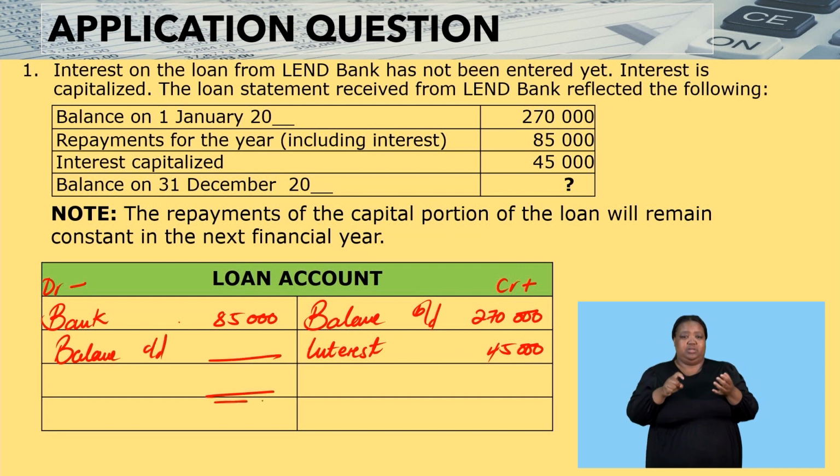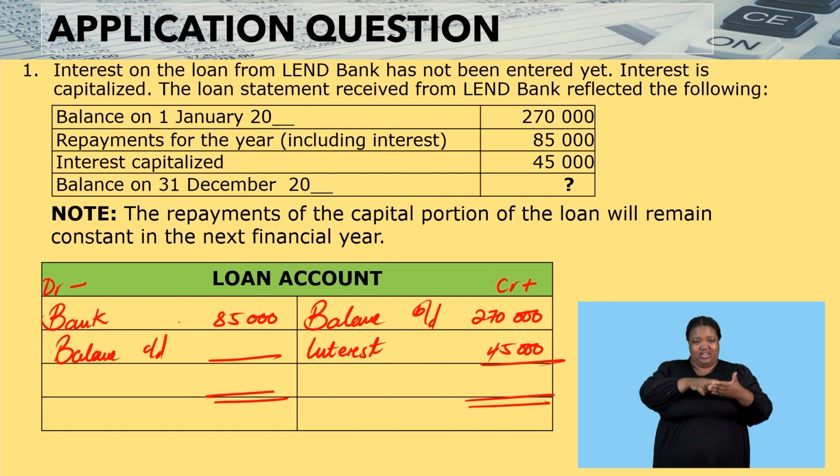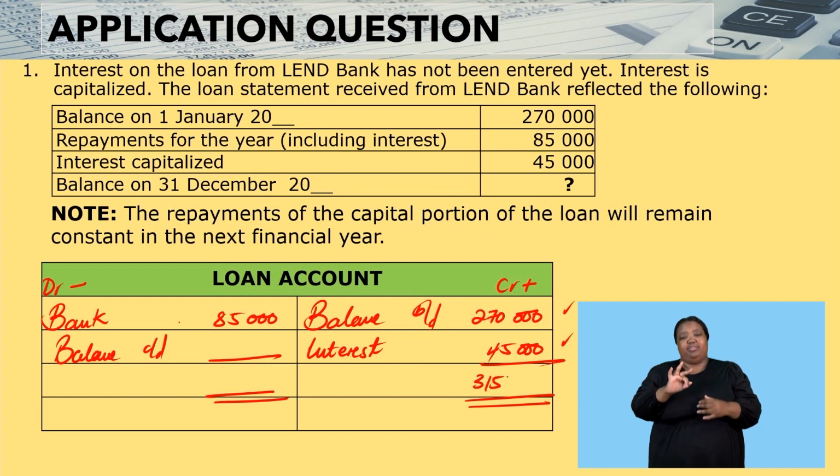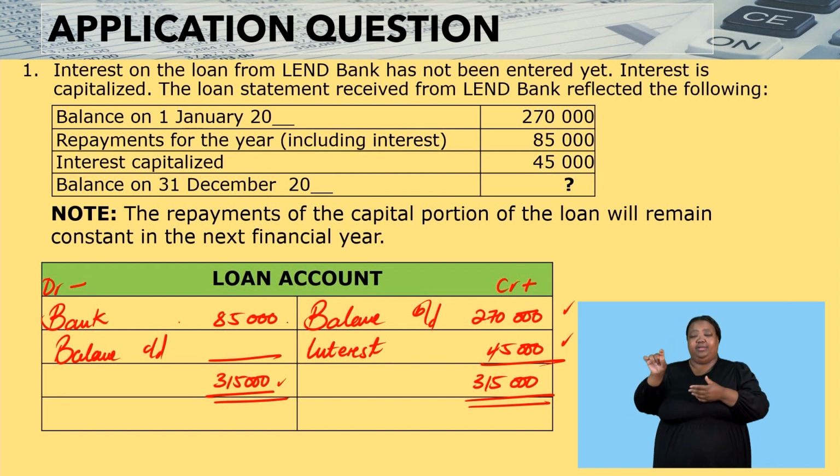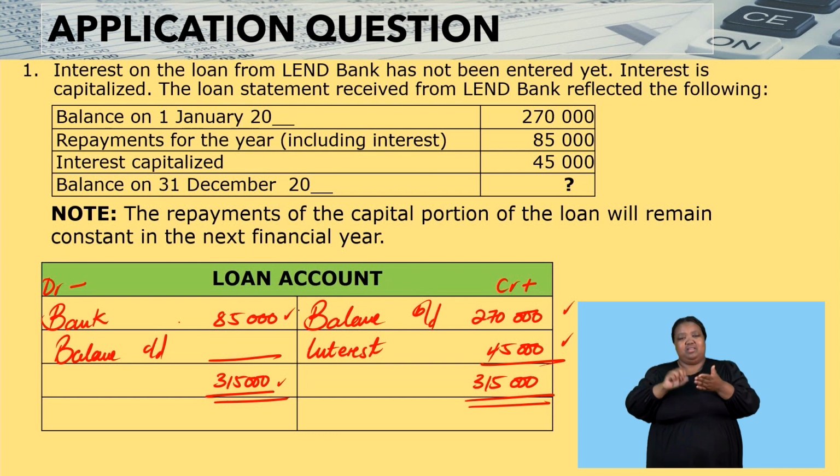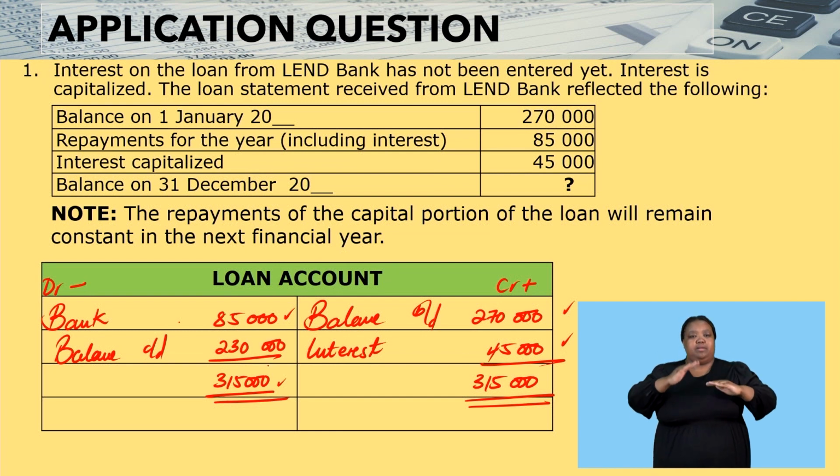For me to do that, I'll come to my credit side, which is the higher amount, 270 plus 45. That gives me 315,000. I come to the debit side, 315,000. Then I say 315 minus 85. That gives me 230,000.